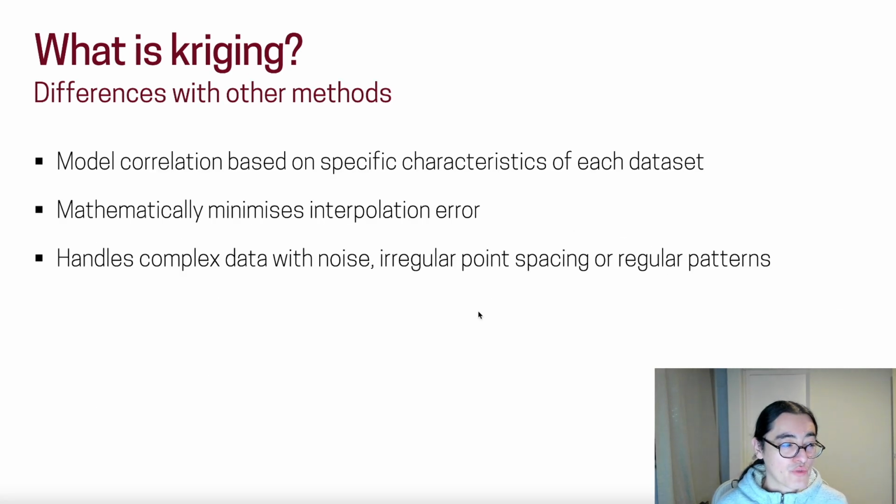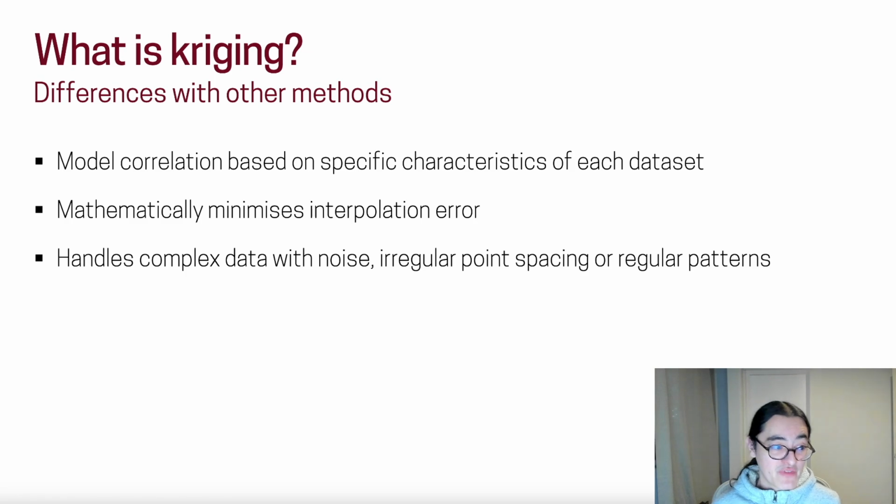But before we move on to the practical part, let's summarize a bit what makes kriging special, so what is different with respect to other methods. Kriging models the correlation based on the specific characteristics of each dataset. You don't intuitively just assign a value like with IDW, let's say.